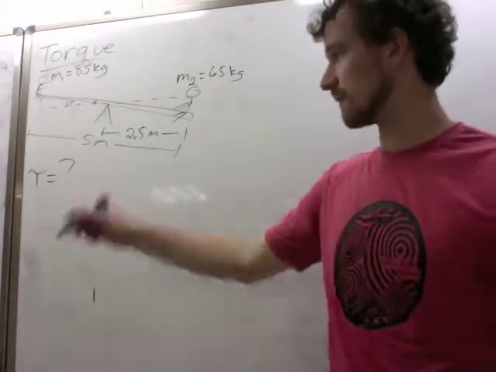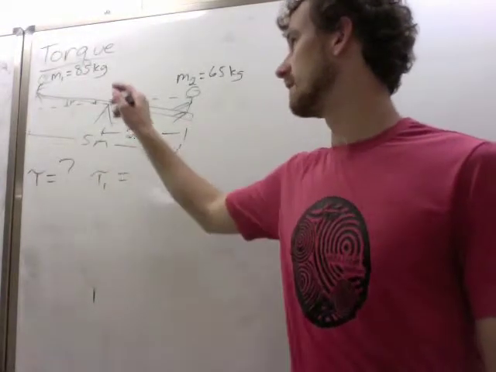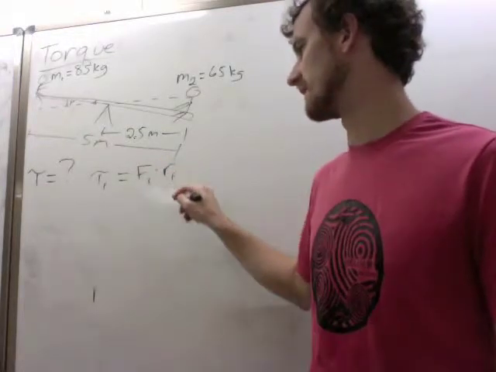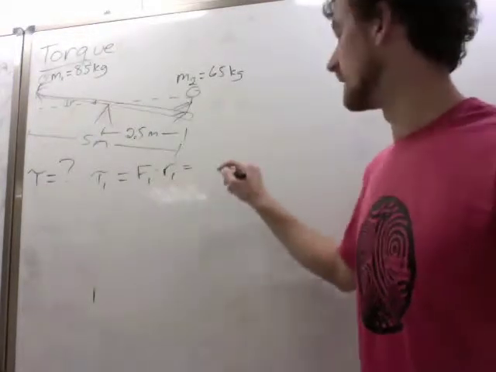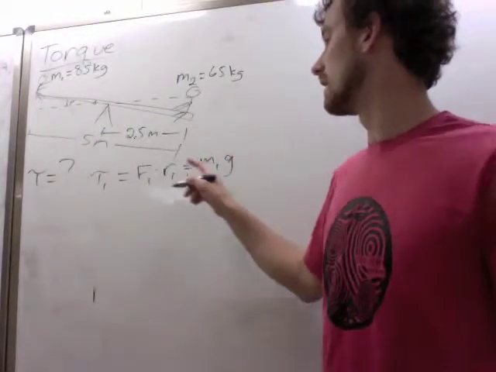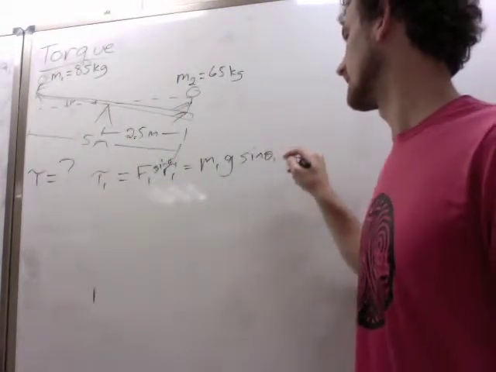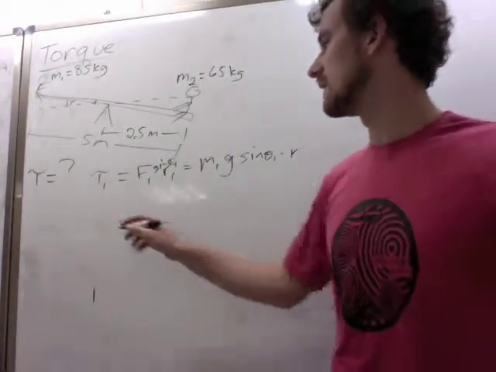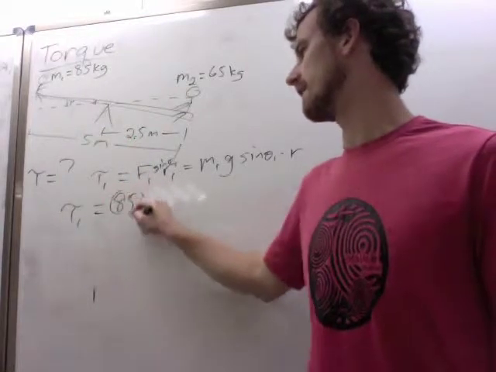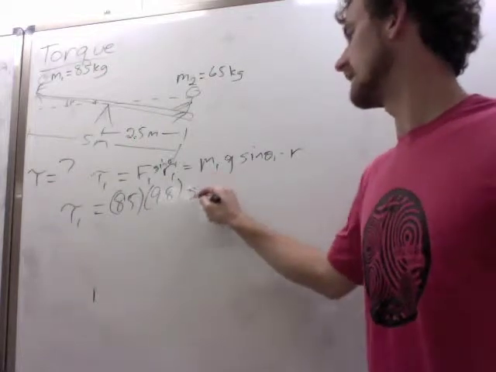So if we want to find the torque, well, our first torque is just force times radius, so that's force 1 times radius 1. This force is mass 1 times gravity. I'm sorry, this should say force 1 times sine theta 1 times radius. So this torque is the mass, 85 kilograms, times gravity, 9.8, times the sine.